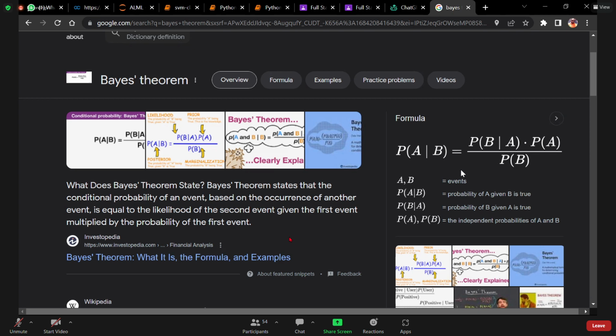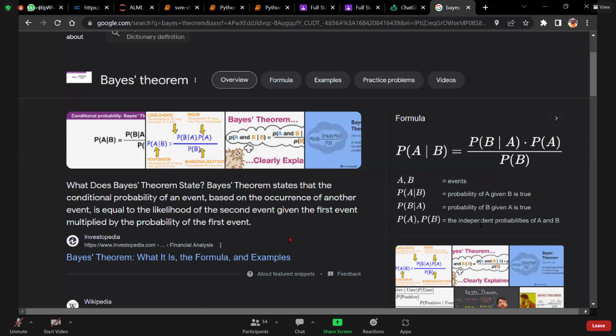For every formula I will tell you: here we have events, A and B, two events. Take this formula with A and B: the probability of A given B equals the probability of B given A, where the probability of B given A is the independent probability.